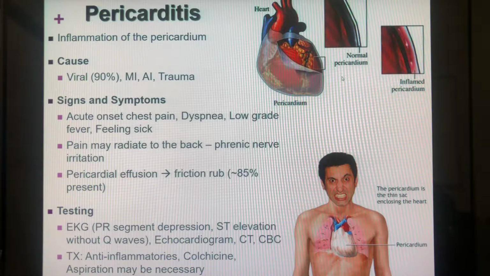It keeps it from rubbing when the heart is beating. It's providing a little coating, just like the inside of your abdominal cavity. You have the fascia, the wrappings, the different layers that are keeping organs from rubbing on each other and that sort of thing. Well, unfortunately, sometimes it doesn't work well when it gets inflamed.